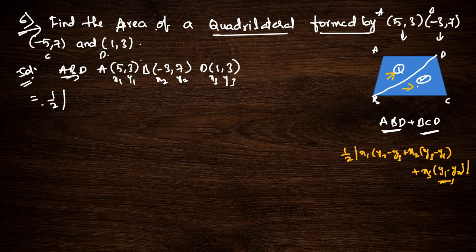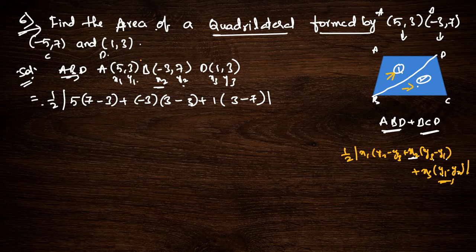Now here x1 is 5 into y2 minus y3. So y2 is 7, minus 3, plus x2, which is minus 3, into y3 minus y1, y3 is 3, minus y1 is also 3, plus another thing, x3 is 1, into y1 minus y2, y1 is 3 minus y2 is 7.